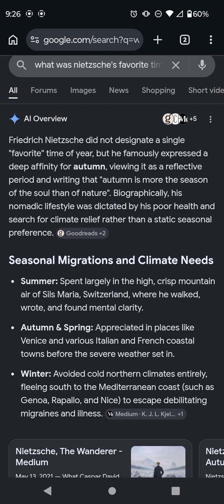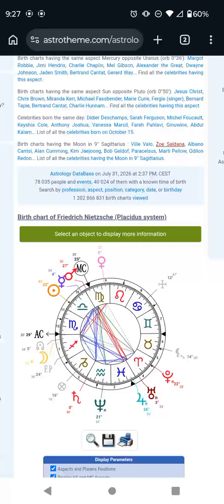But this is a bit of a misinterpretation because when he wrote that, he wasn't particularly saying that he was fond of autumn. He was just expressing the nature of the time of year. So anyway, food for thought all in all.